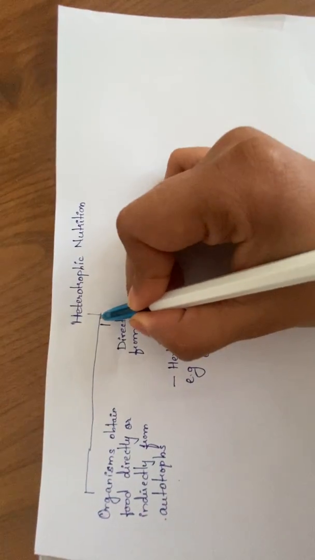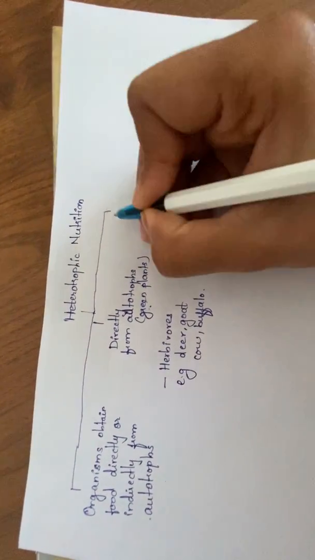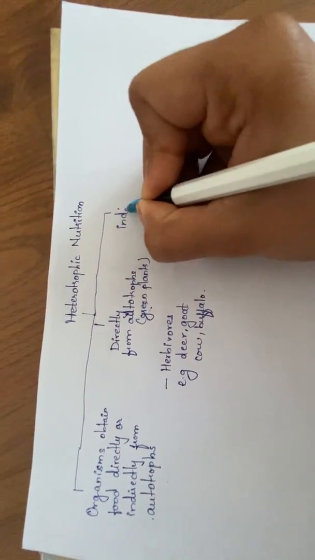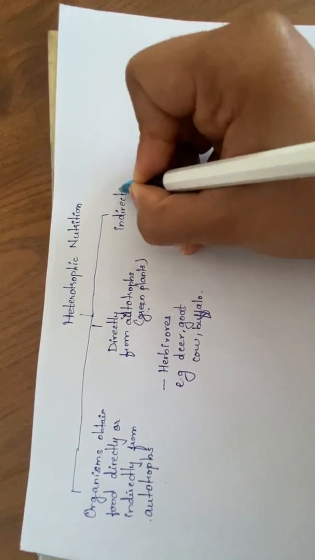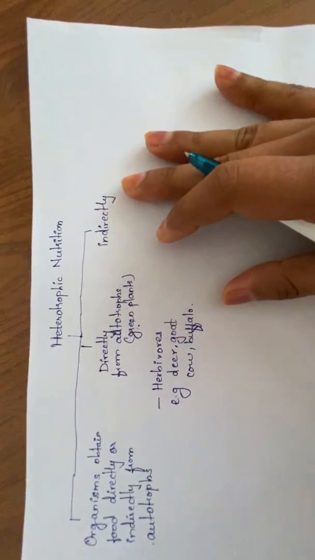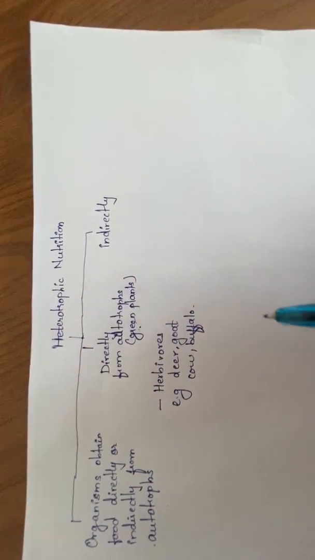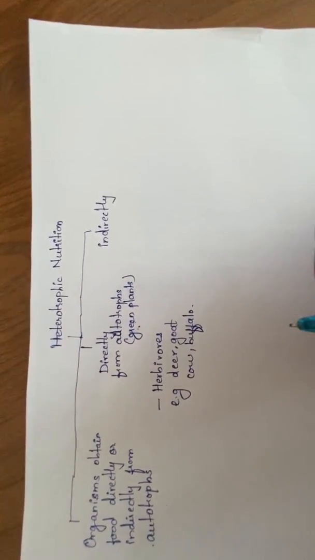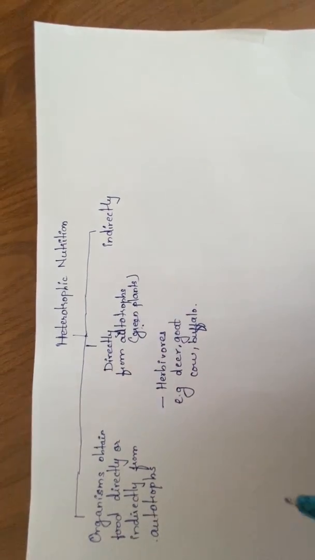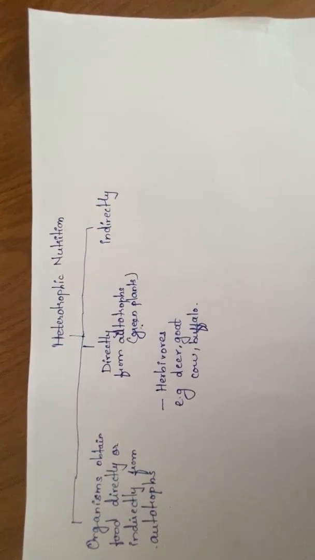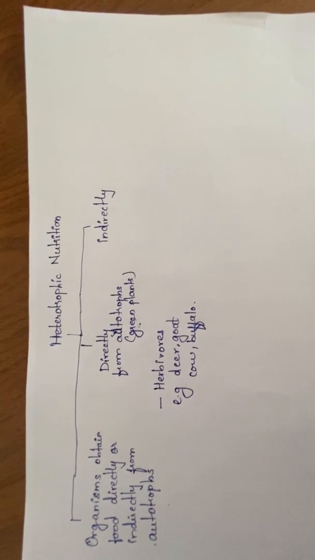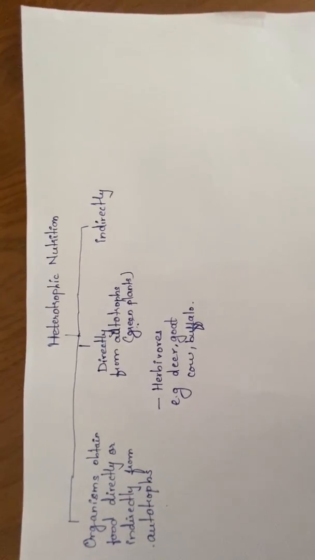Now, what do we mean by indirectly? Organisms which indirectly obtain food from autotrophs. Indirectly means that they don't consume green plants. Rather they consume organisms which are eating green plants. So they have not obtained nutrition directly from the green plants; they have obtained nutrition indirectly.